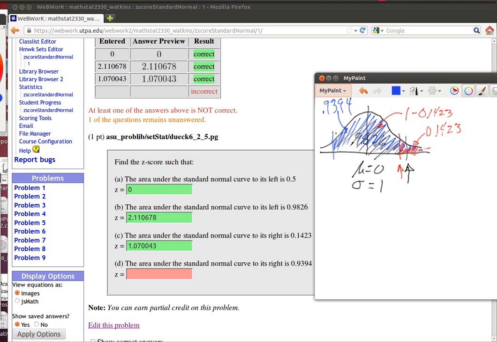So most of the area over here, this blue area, is going to be 0.9394, almost everything. So this little part back here to the left, that's what the quartile tells us. That's why we always have to change this. It will be 1 minus 0.9394. You see, if they already told us the area to the left, then we can just use the quartile. Otherwise, we take 1 minus that particular amount.